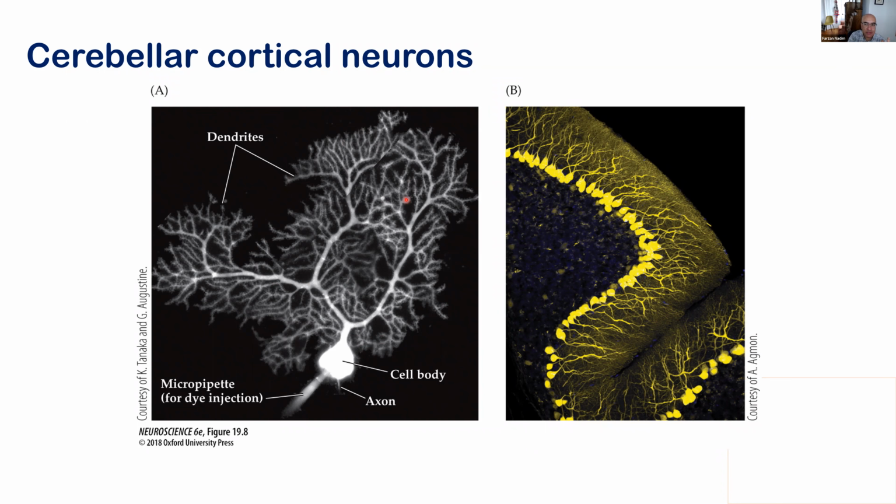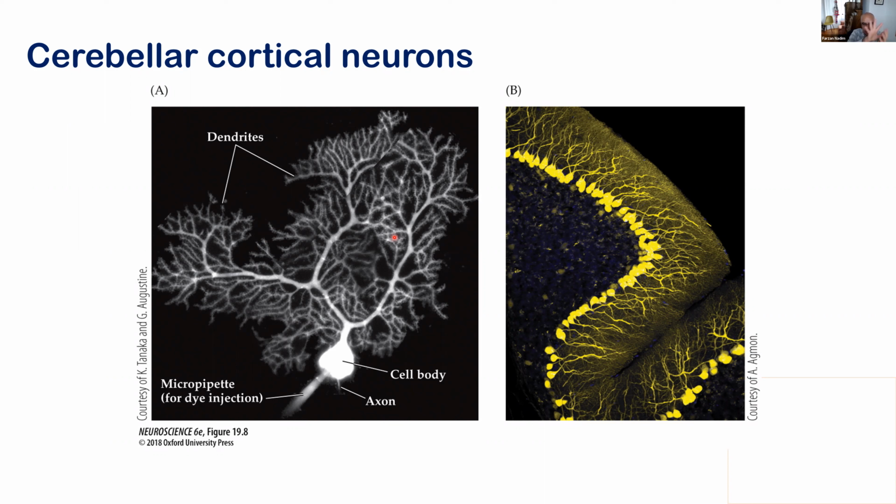These are spiny dendrites. So they have little spines, and that means that they get glutamatergic synapses. And if you remember, spines indicate that that particular synaptic input is subject potentially to long-term potentiation or long-term depression.